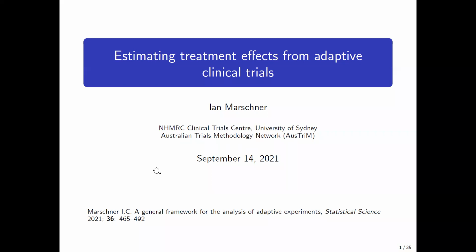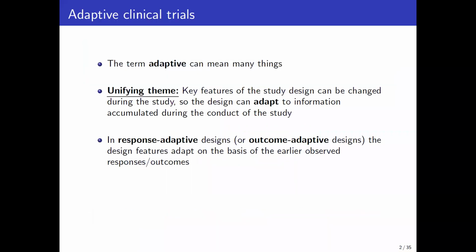So today I'm talking about a very recent paper that's just come out in the most recent version of Statistical Science, as David said, estimating treatment effects from adaptive clinical trials. Of course, adaptive clinical trials will be a term that you're familiar with, but it can mean many different things in different contexts.